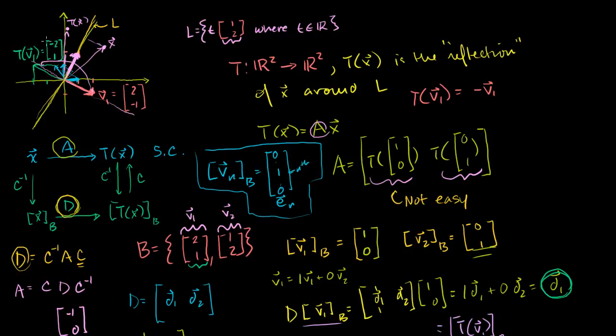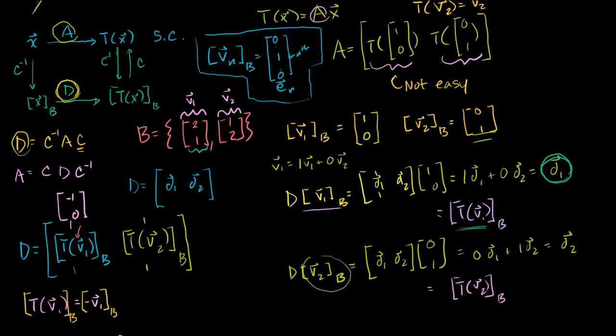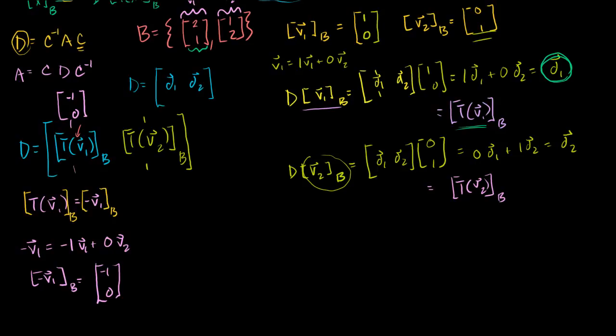So the transformation of this guy, of 1, 2, is just going to be 1, 2. The transformation of v2 is just going to be equal to v2. Let me write that down. The transformation of v2 is just going to be equal to v2. As you can see, we picked these basis vectors because transforming them was very natural.